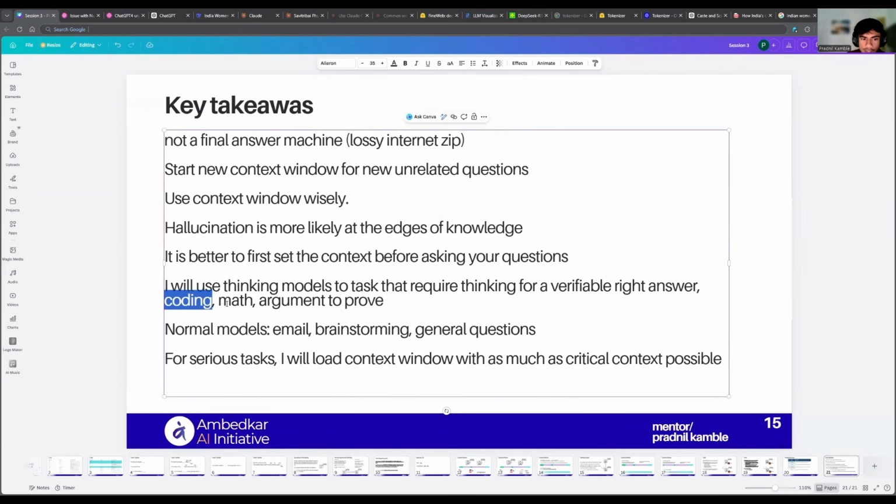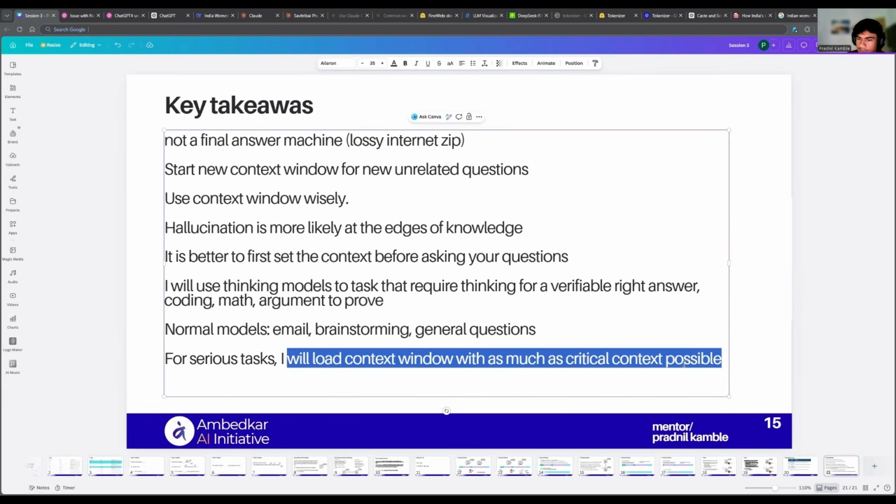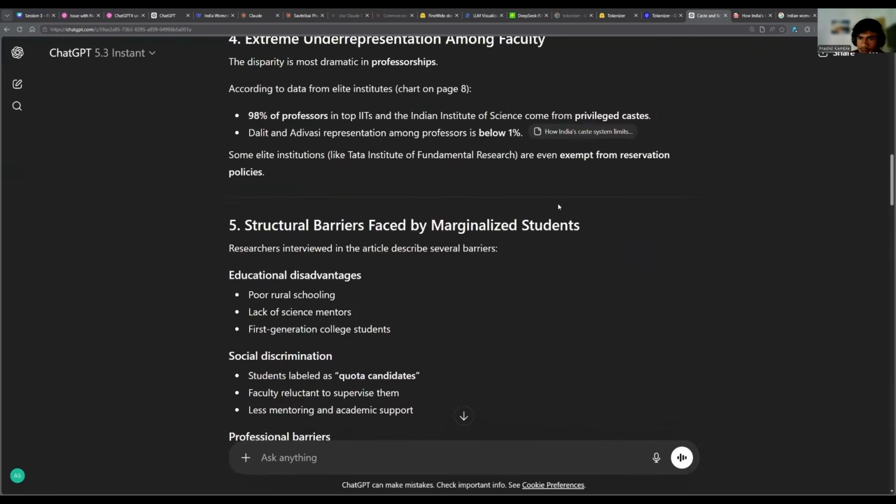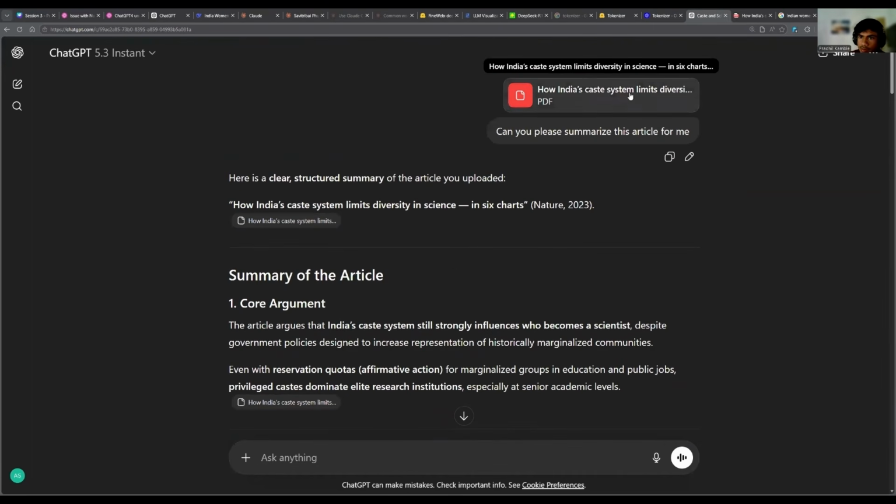So I would use a thinking model for coding, for math, for arguments to prove a certain thing. Normal models I use for email, brainstorming, general questions. For a serious task, I will load the context window with as much critical context as possible. So here I saw this as a serious task, and that's why I loaded the context window with this as a file type.